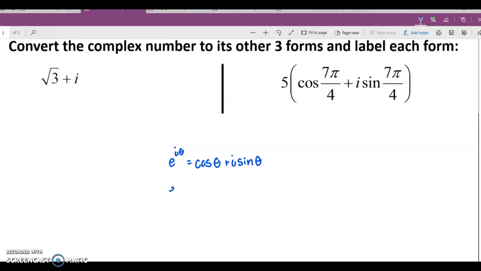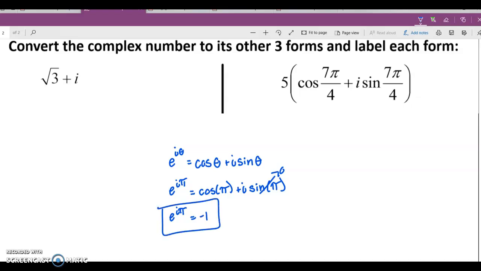And then we can say that e to the i pi is equal to cosine pi plus i sine of pi. Sine of pi is 0. e to the i pi is equal to cosine of pi, which is -1.